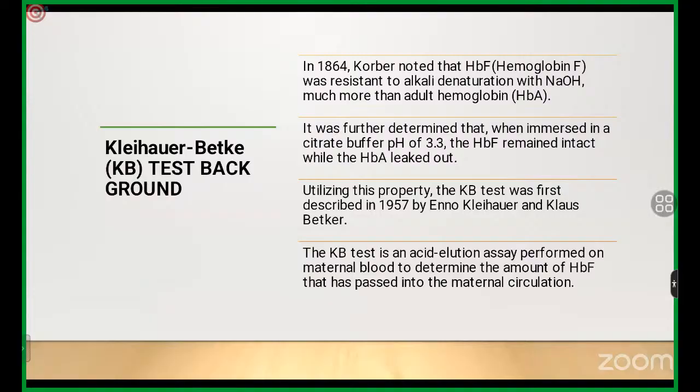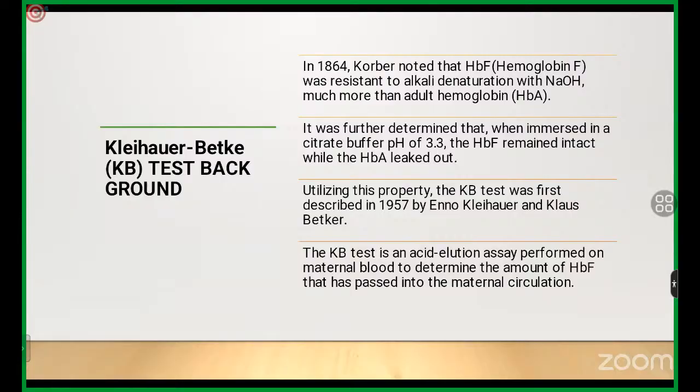So that's why it was recoined the KB acid elution assay, not alkali elution assay. But still, sodium hydroxide as an alkaline solution can be used. So the KB test is an acid elution assay performed on maternal blood to determine the amount of HbF that has passed into maternal circulation.